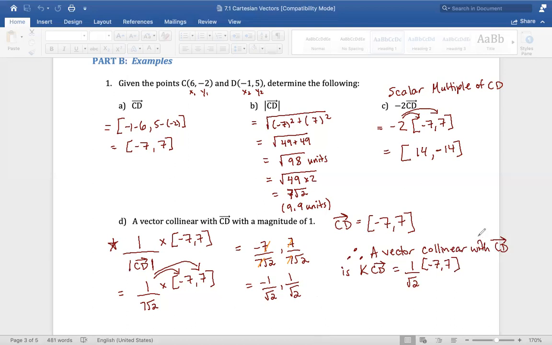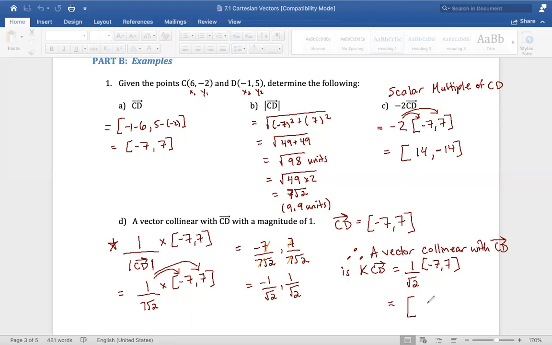So the vector collinear with CD that has a magnitude of 1, because we have 1, that's why 1 was in our equation, is the scalar multiple, again the work that I've already done here.